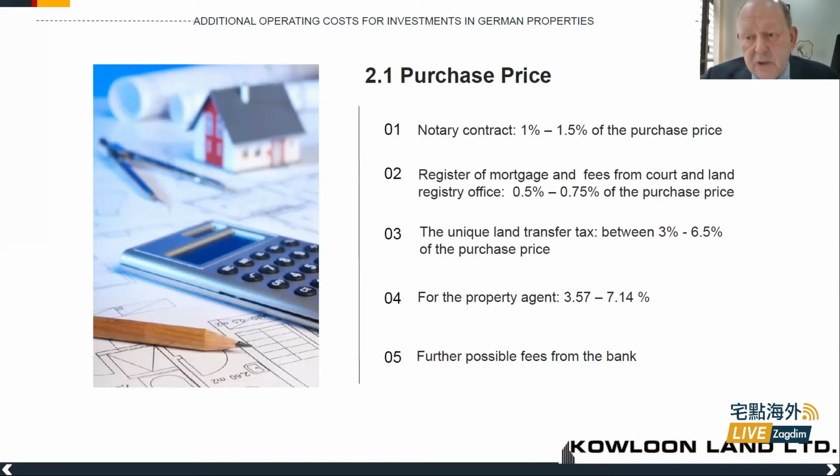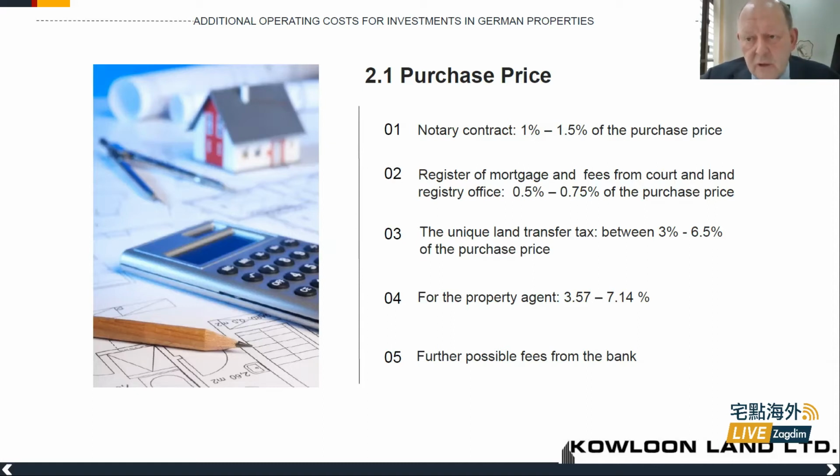What happens? Normally, everybody needs a mortgage to finance the investment or the property. For this one, you need a mortgage, and the bank will send you a form that you have to certify by the notary to go into the land register.